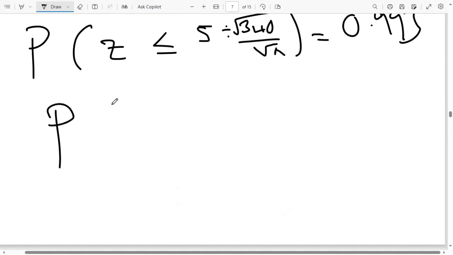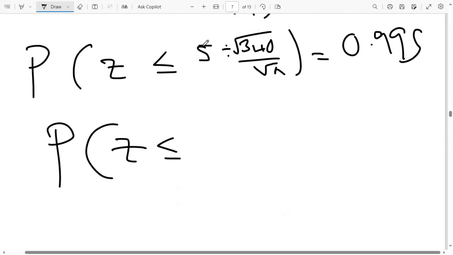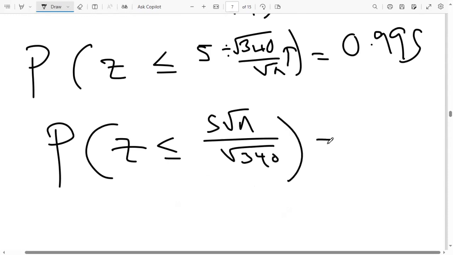So this will be the probability of z being less than or equal to, and then this one here, we know that this n will go on top, and the square root will come down. So we have 5 root n over root 340, equals 0.9995. I forgot 9 here.